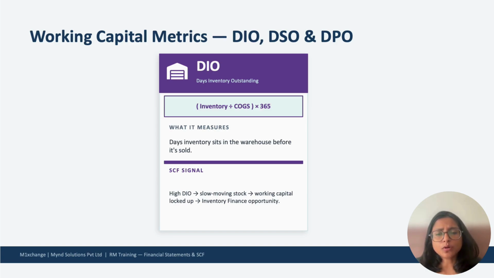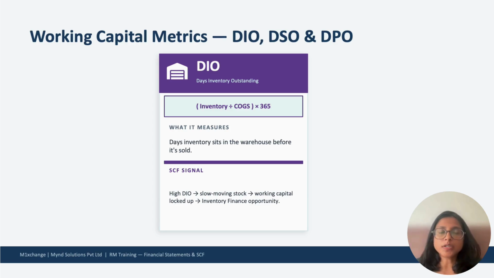And what are the different industries where we can find a high DIO? These are majorly in the manufacturing sectors, maybe in auto components or pharma, and it can also be the seasonal businesses.